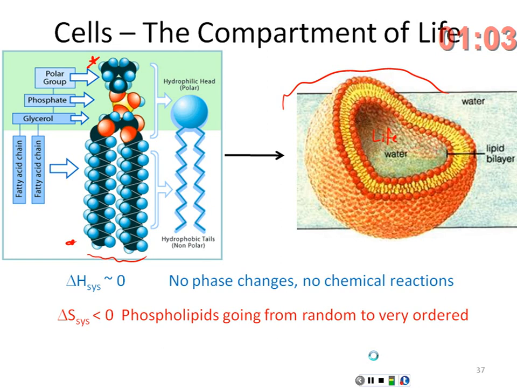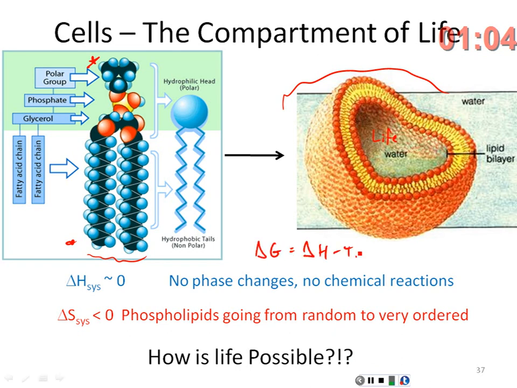If they're singular out by themselves, that's a higher entropy state than when they're stacked together and ordered. So delta H is approximately 0. Delta S is negative. That really brings up the question, how is life possible? If delta G equals delta H minus T delta S, delta H is about 0, delta S is a negative number, that means delta G is going to be a positive value, and that's non-spontaneous. So how is life possible?